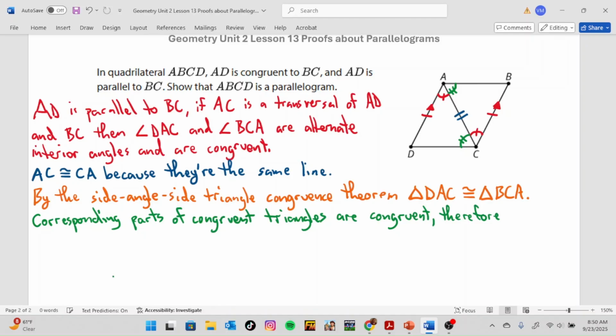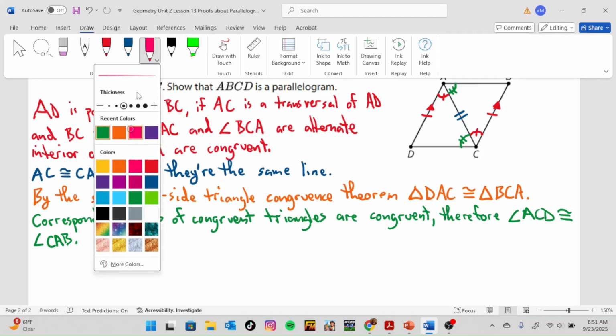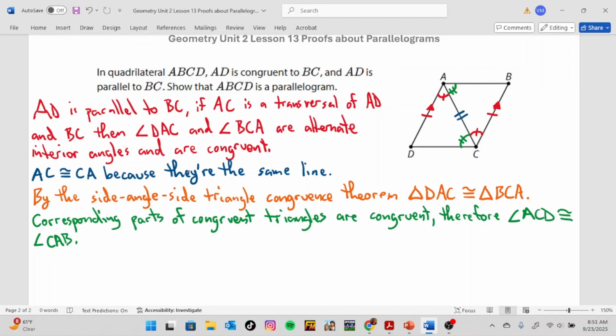Therefore, angle ACD is congruent to angle CAB. Now that I know these two angles are congruent, what I also know is that they are alternate interior angles.